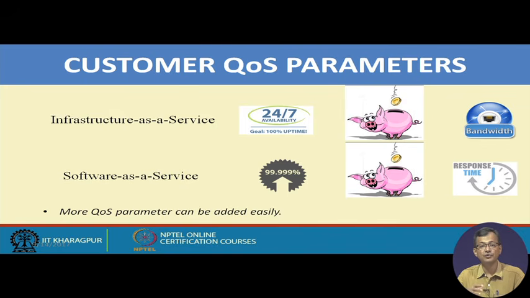These are the several components. More QoS parameters can be there, like storage, and other qualities of service like security, trustworthiness, competence, risk, availability and so forth.